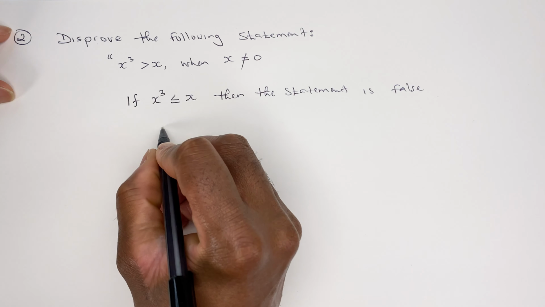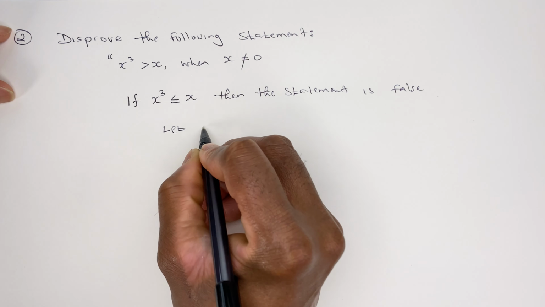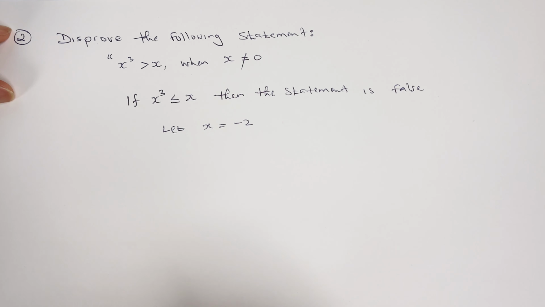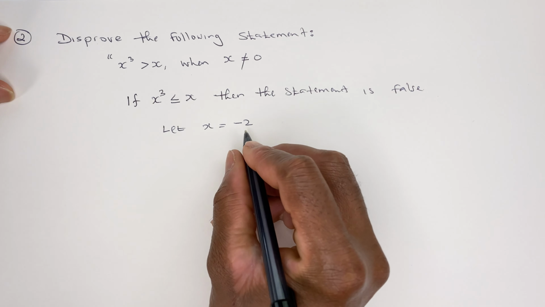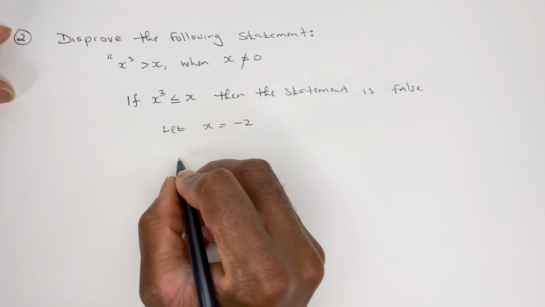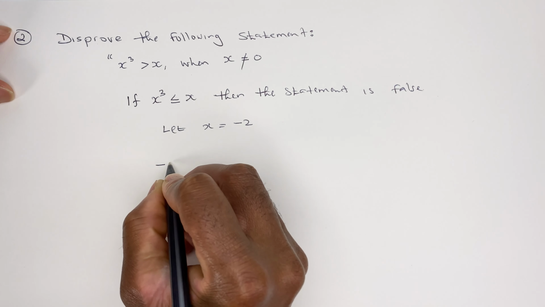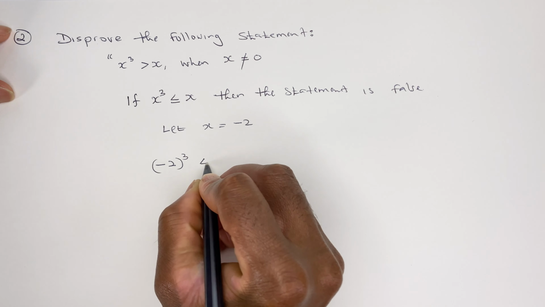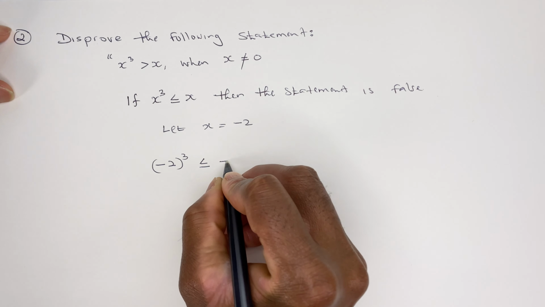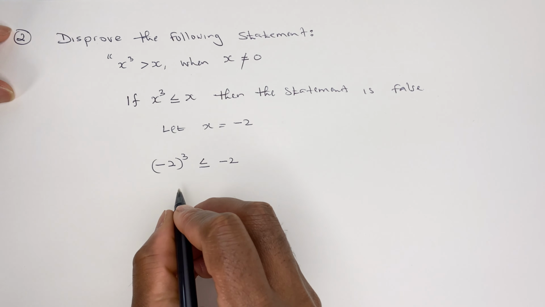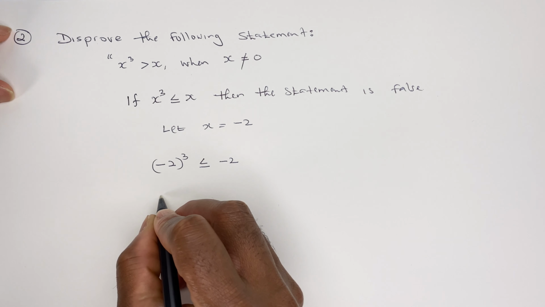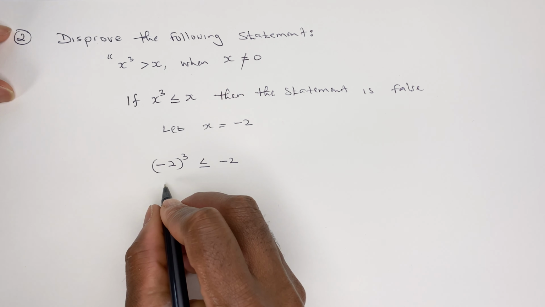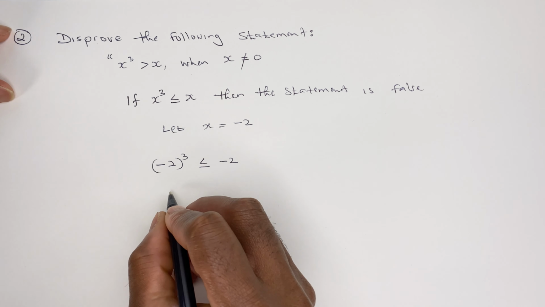So we need to try, let x say equal minus 2. If we substitute minus 2 into x, we would get minus 2 cubed less than or equal to minus 2. Minus 2 cubed is minus 2 times minus 2, which is plus 4. 4 times minus 2 is minus 8.